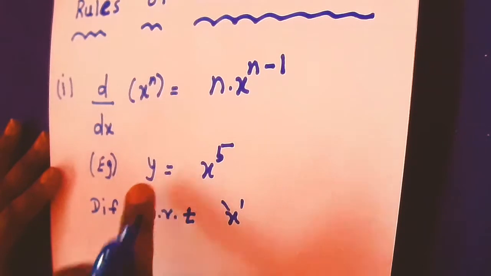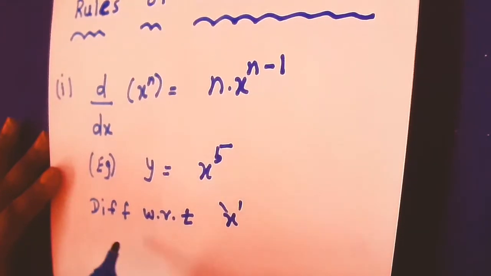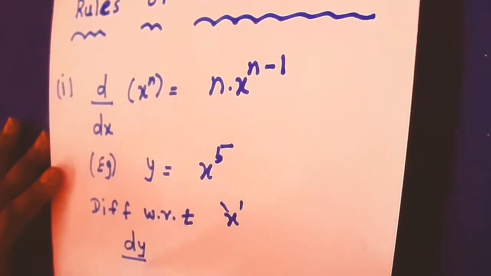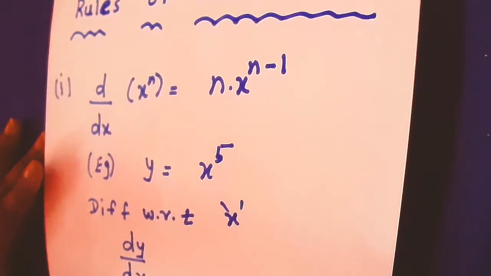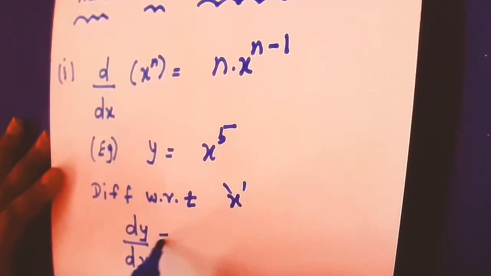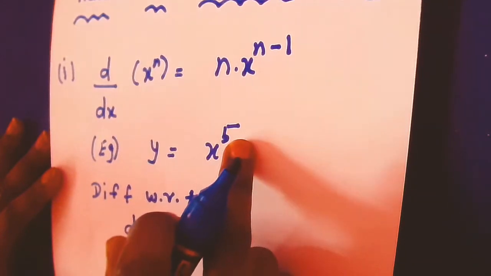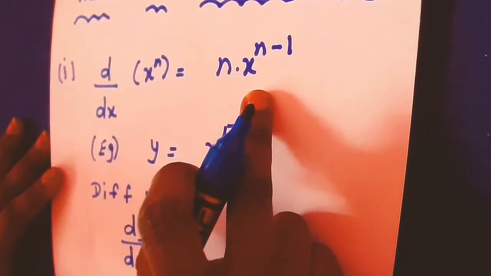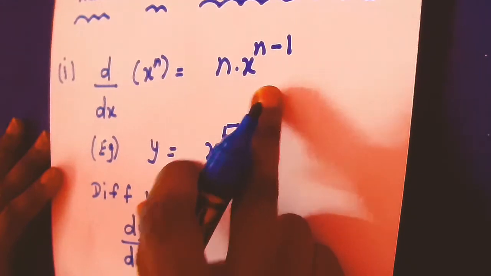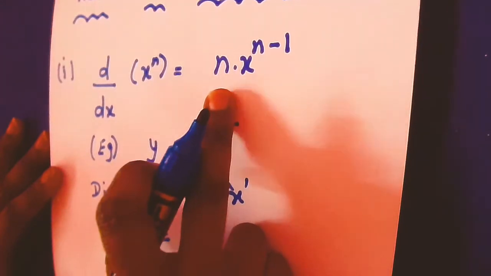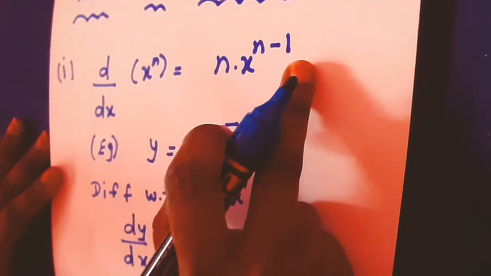When you differentiate y with respect to x, you will get dy by dx. Now, students, you differentiate x to the power 5 applying the simple power rule. What is the formula? n times x to the power n minus 1.